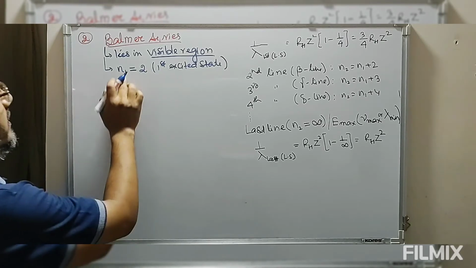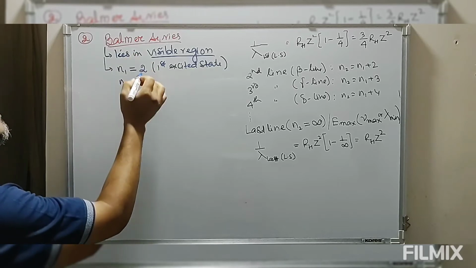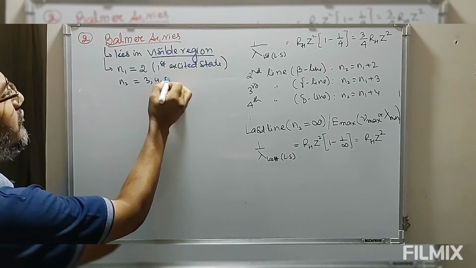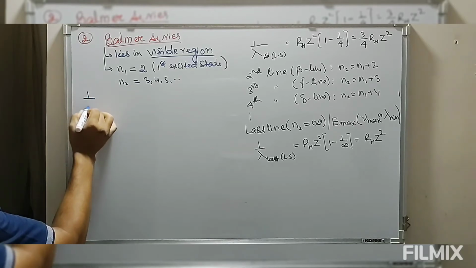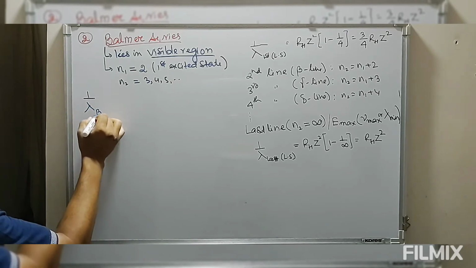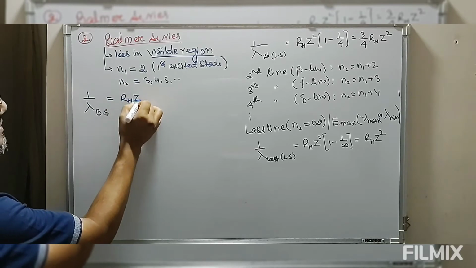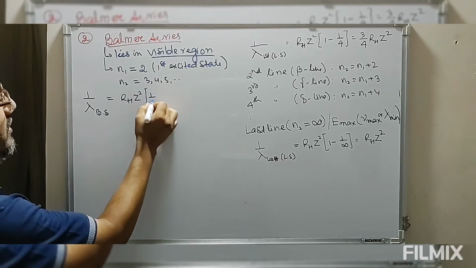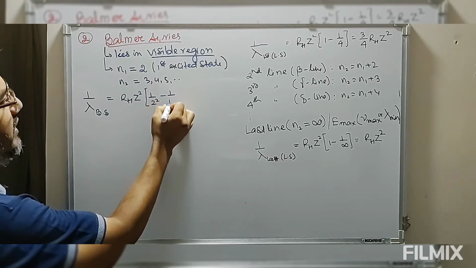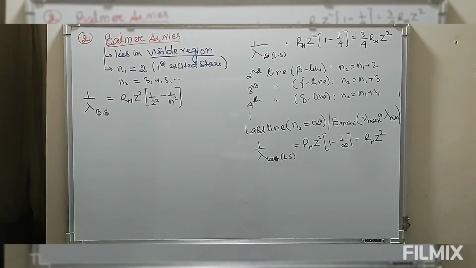So now look at this. For this, N1 is always 2, and the value of N2 is any value greater than 2. So we can have 3, 4, 5, etc. If this is the case, then from the Rydberg equation we have 1 by wavelength for the Balmer series equal to RH Z square times 1 by N1 square, so N1 is 2, so 1 by 2 square, minus 1 by n square, where n is nothing but N2, which can have any value greater than 2.